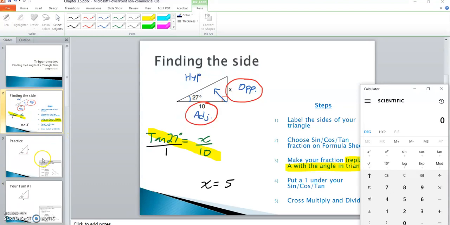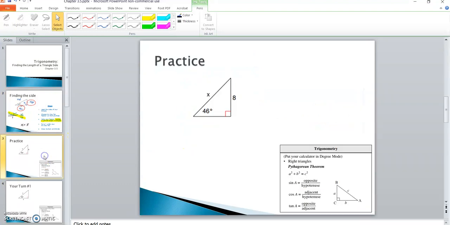Let's try another one. So the very first thing that I'm going to do is label the triangle. This will be my hypotenuse. This will be my adjacent and my opposite.